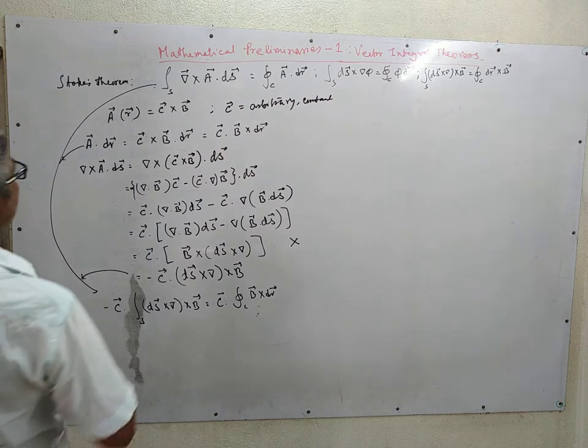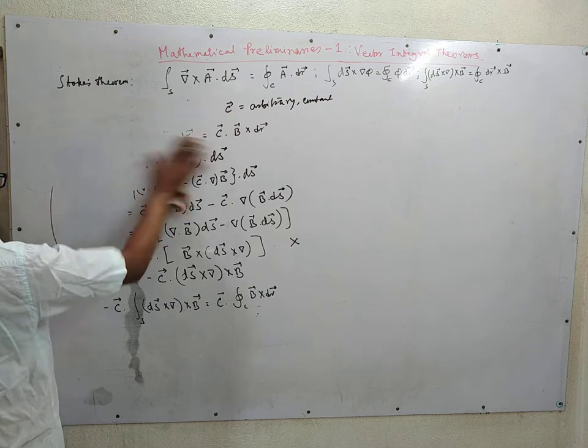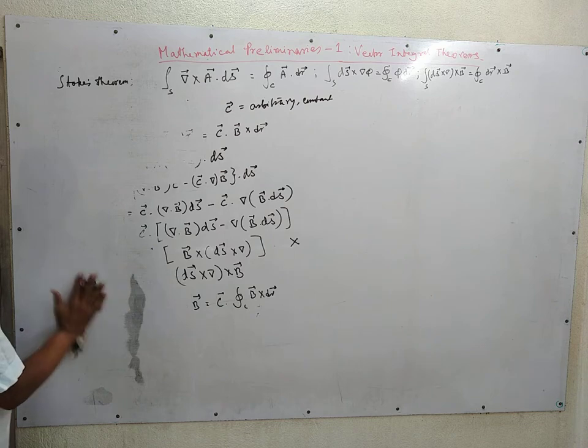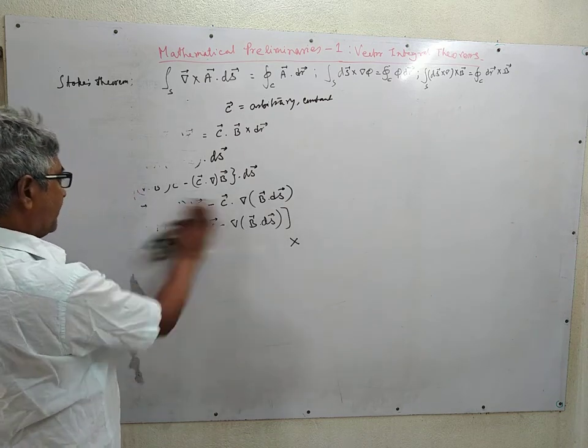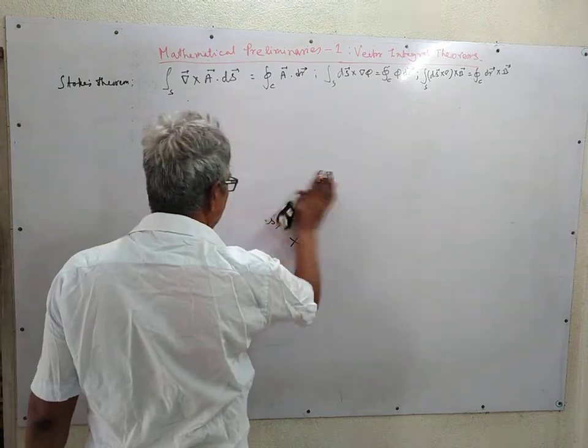Now we come to the divergence theorem. The divergence theorem relates a closed surface integration of a vector field with the volume integration.